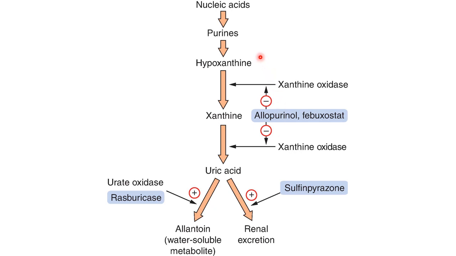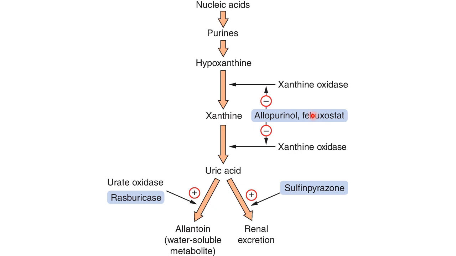You have here the stages by which uric acid is formed and disposed of by the body. You start with the purines, and eventually they undergo oxidation to form uric acid. Here would be the site of activity of our xanthine oxidase inhibitors, allopurinol and febuxostat.